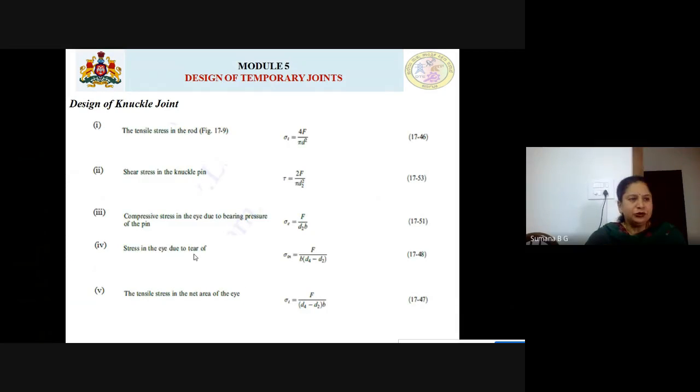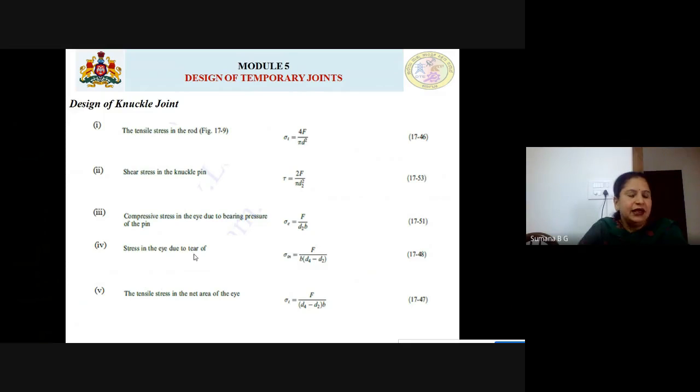Coming to the equations, if you are referring to the Design Data Handbook by K. Lingaiah, second edition, Figure 17.9 refers to the knuckle joint. All the equations are defined with respect to Figure 17.9. Equation 17.46 defines the tensile stress in the rod.